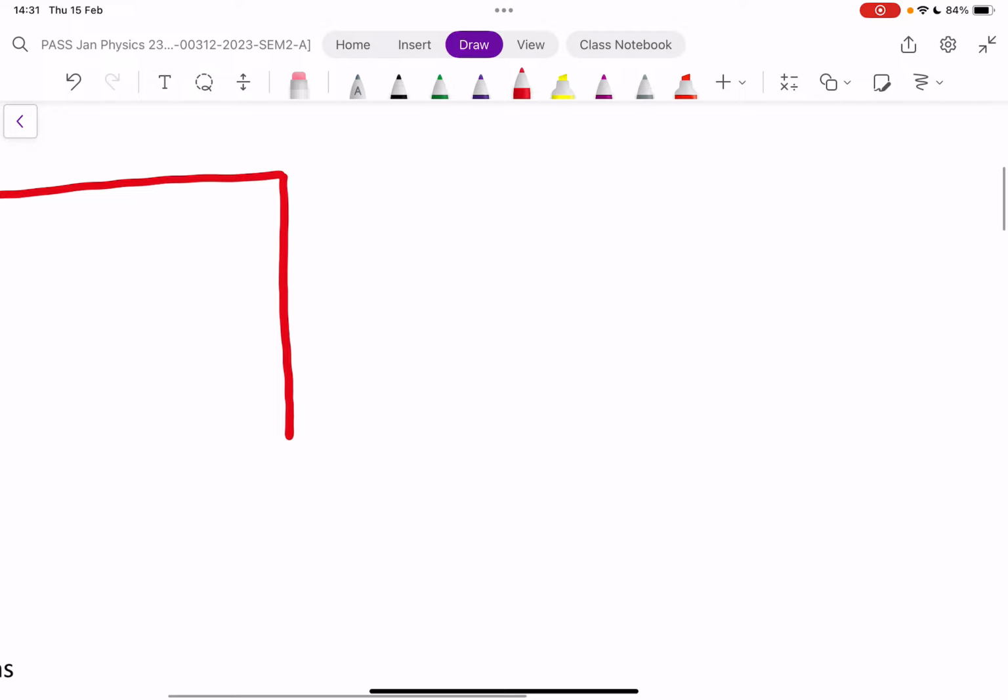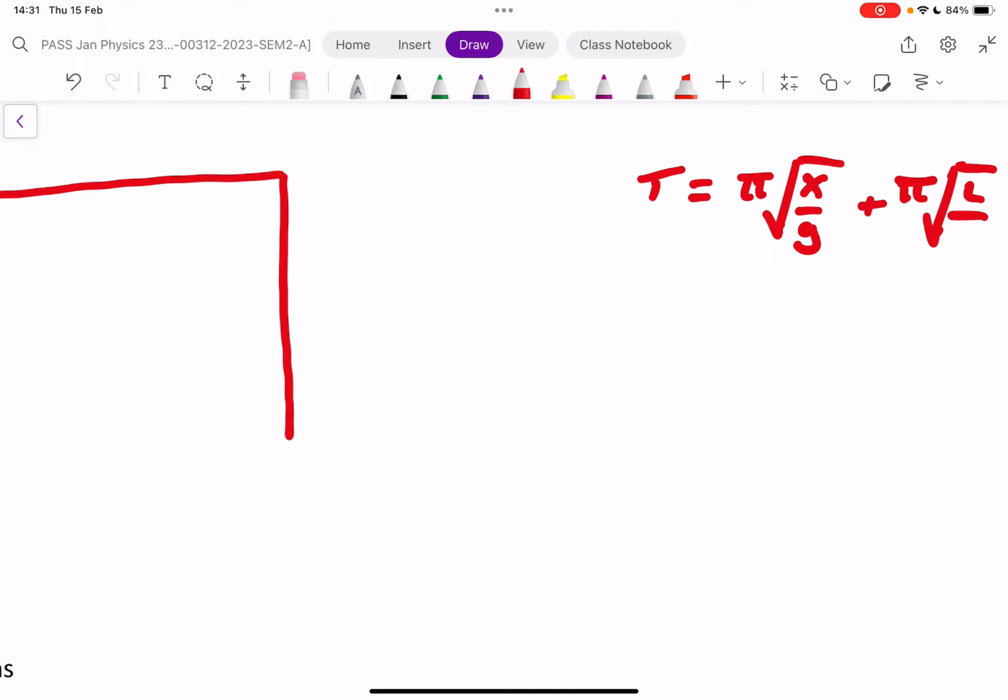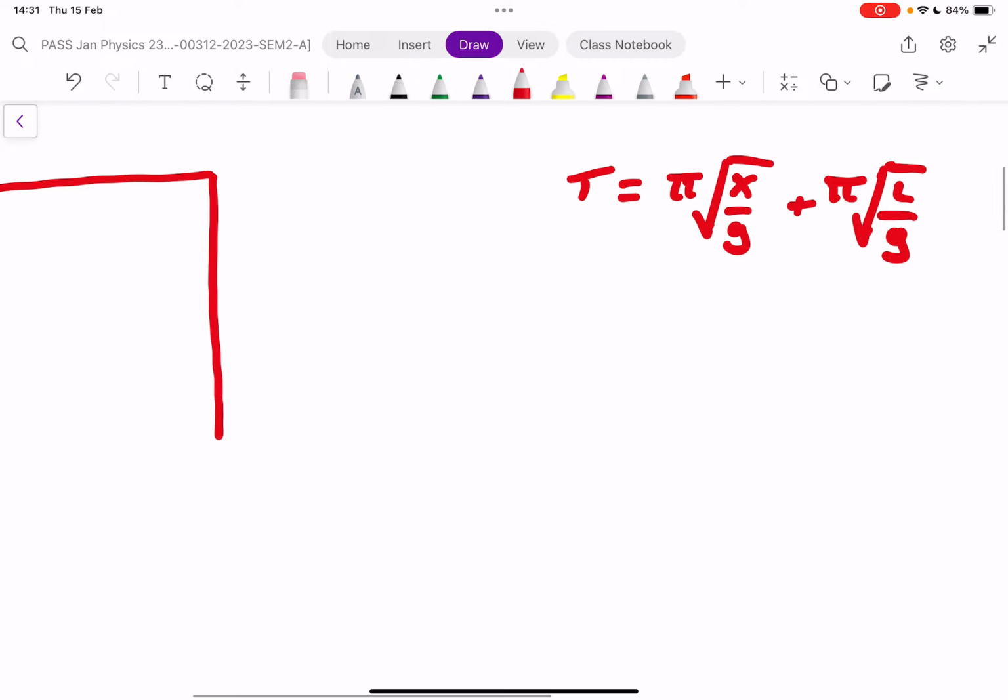Right, so if we just come to the side for a second, remember the equation we're using when we've multiplied it out is pi root x over g plus pi root L over g equals T. And the bit we're interested in is the first term.